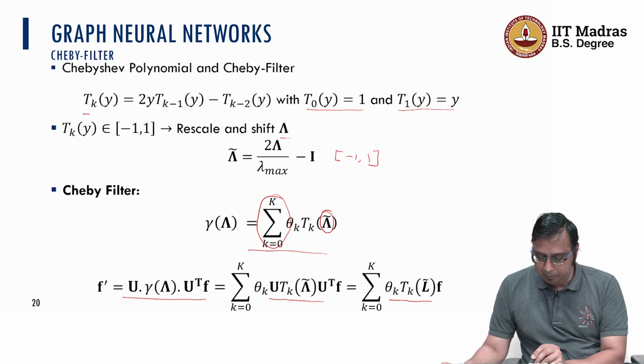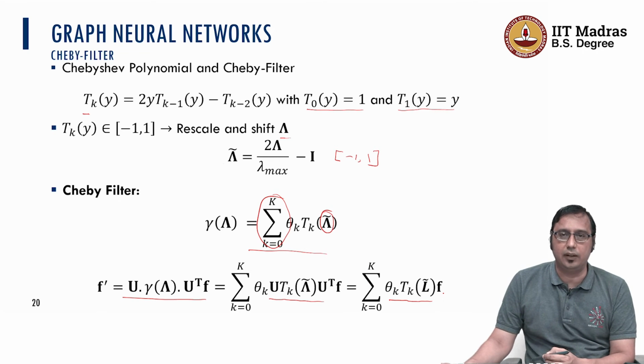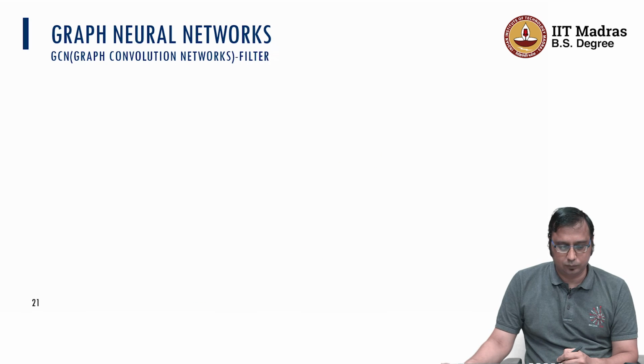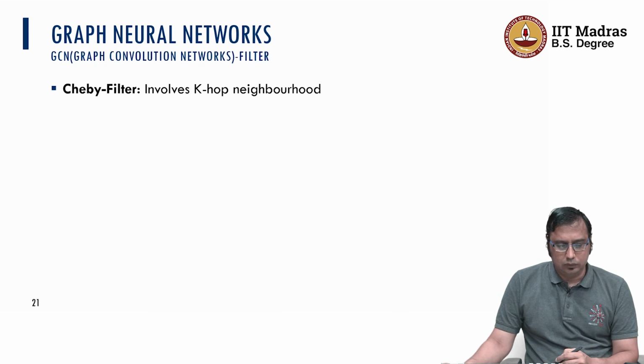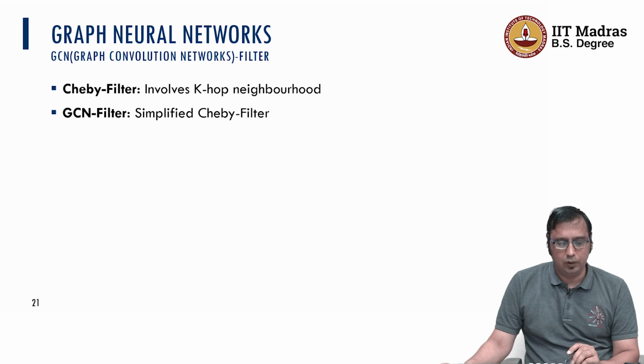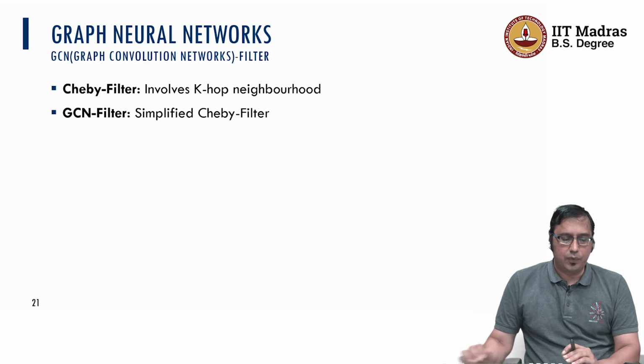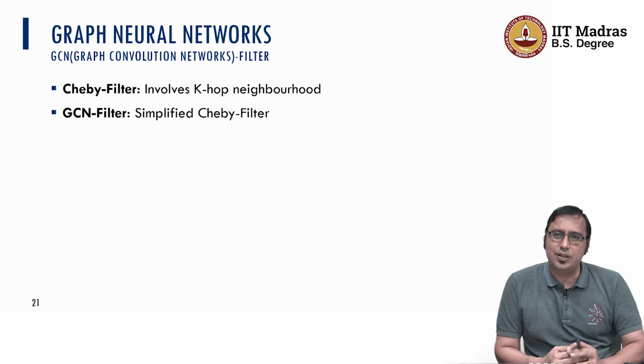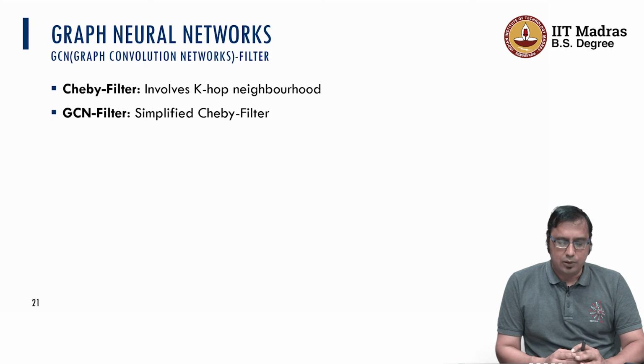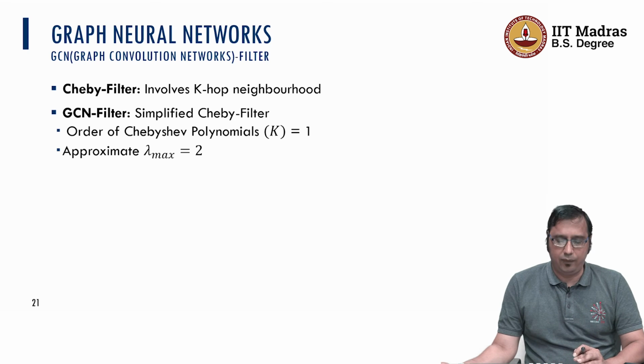So basically we are applying this gamma lambda on our signal f to get the filtered signal f dash. Now, one of the things with the Chebyshev filter is that it involves the k-hop neighborhood, and the graph convolutional network tries to simplify the Chebyshev filter so that it can be applied efficiently.